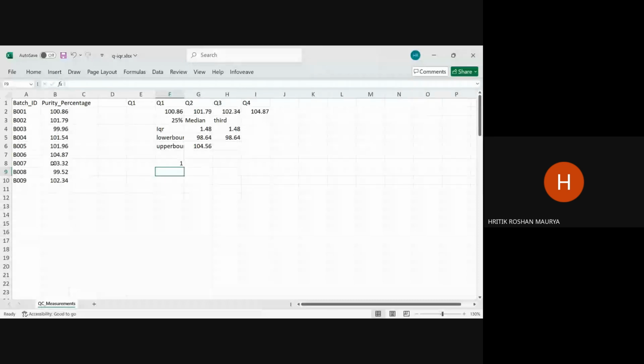Which one is this? I think this data is less than the lower bound... No, sorry. I think I have changed some values, and that is why the values are different.